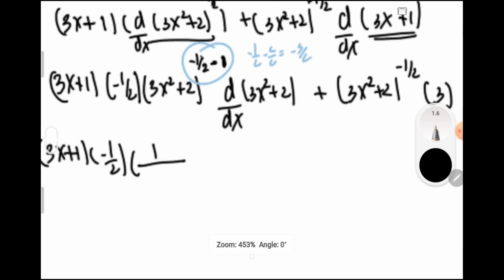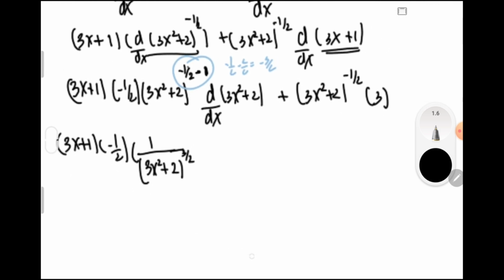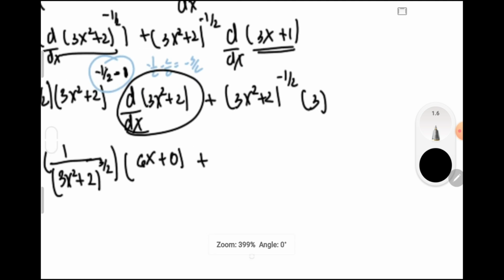So therefore, we'll have a value of 3x squared plus 2 raised to 3 over 2, multiplied by the derivative of this one, which is: the derivative of 3x squared is 6x, plus the derivative of 2 is 0, plus we'll have 3 all over 3x squared plus 2 raised to 1 half. Okay?